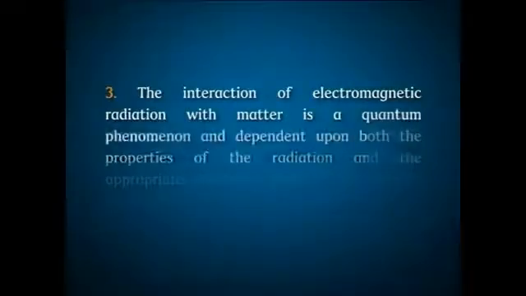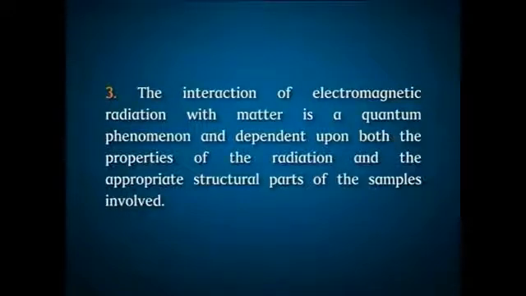Third, the interaction of electromagnetic radiation with matter is a quantum phenomenon and dependent upon both the properties of the radiation and the appropriate structural parts of the samples involved. This is not surprising, since the origin of electromagnetic radiation is due to energy changes within the matter itself.